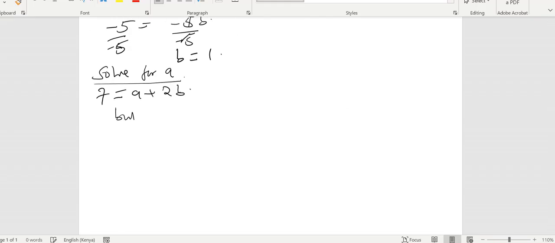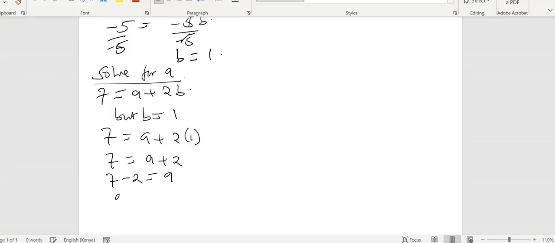But we have b. B is equals to 1. So 7 is equals to a plus 2 into 1. So 7 is equals to a plus 2. So 7 minus 2 is equals to a. A is equals to 5.